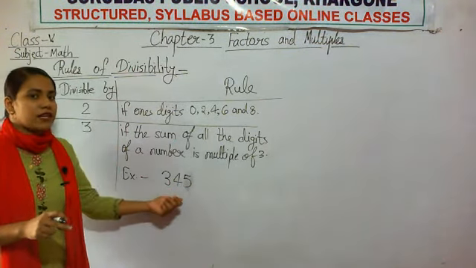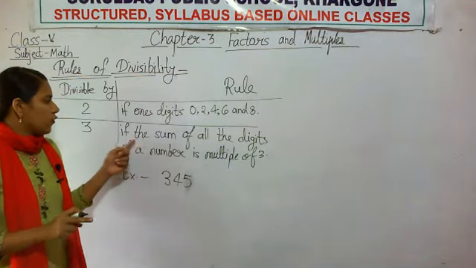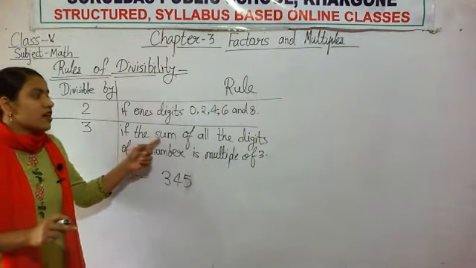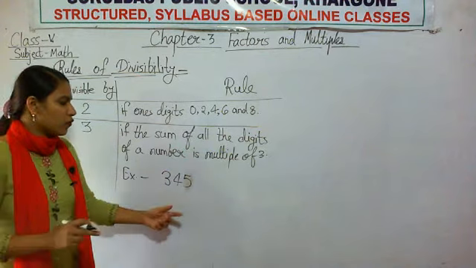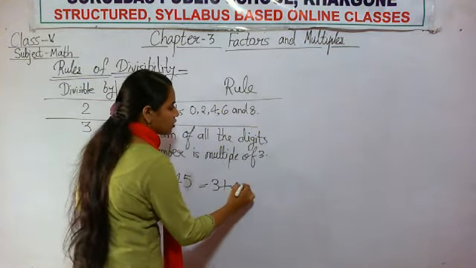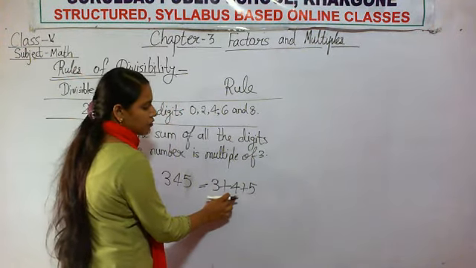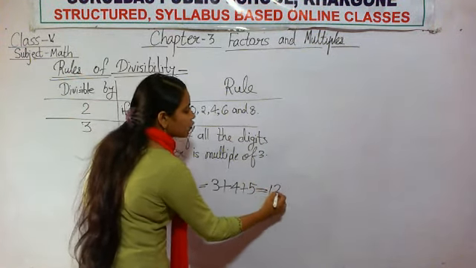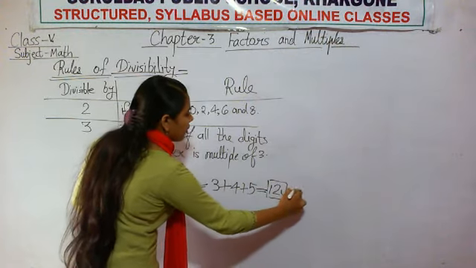To check, you have to follow the divisibility rule. You have to find the sum of all the digits. So 3 plus 4 plus 5: 3 plus 4 is 7, 7 plus 5 is 12. Now your result is 12.